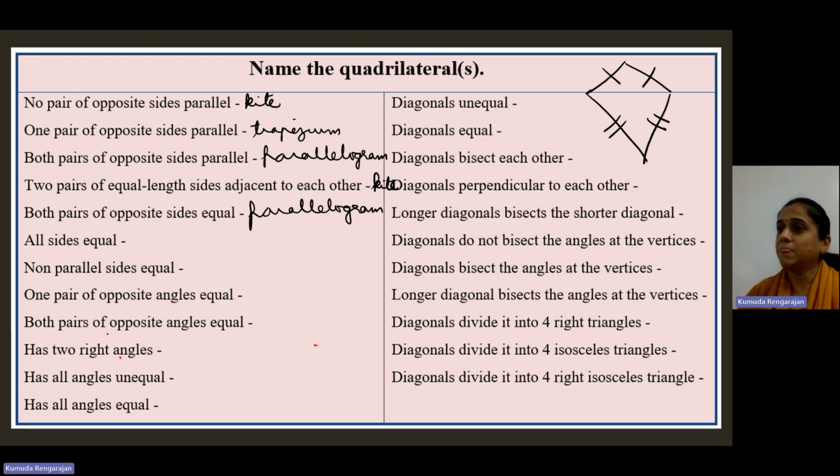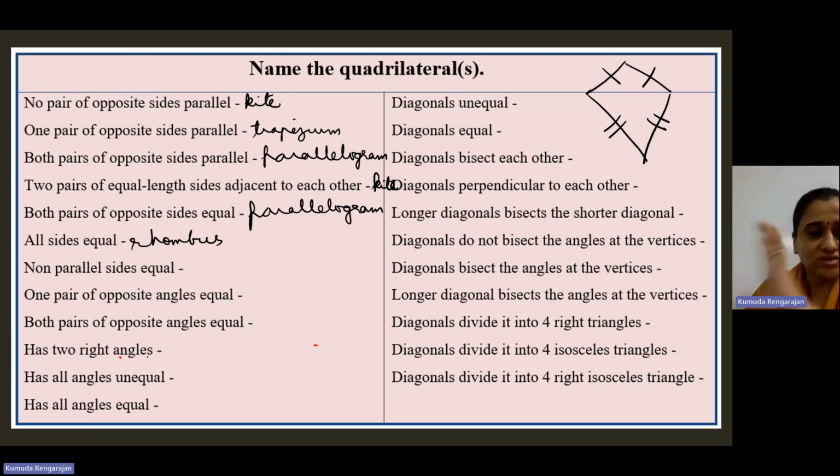All sides equal? Rhombus. Name the quadrilaterals. It's not incorrect to write square.